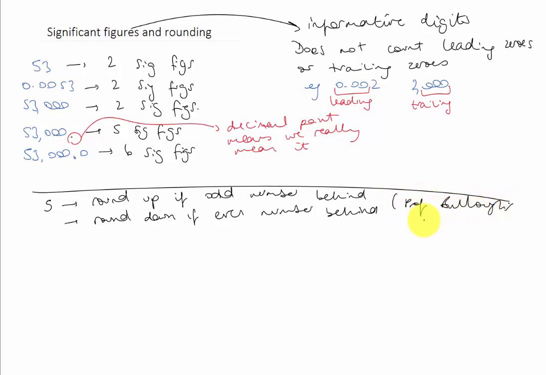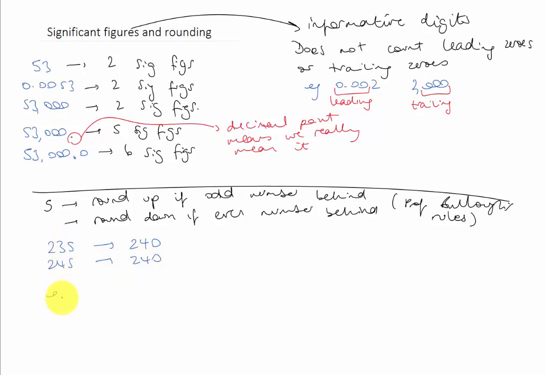So that's Prof. Bullough's rules. Let's do that. For example, if we've got 235 and we're rounding to get rid of this last significant figure, that would be 240, but also if we've got 245, that would give us 240, because this is an odd number, this is an even number.